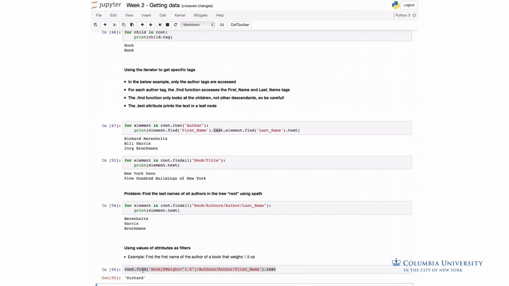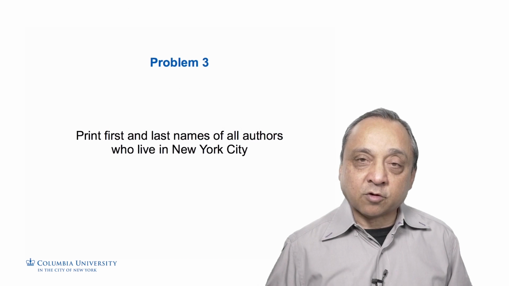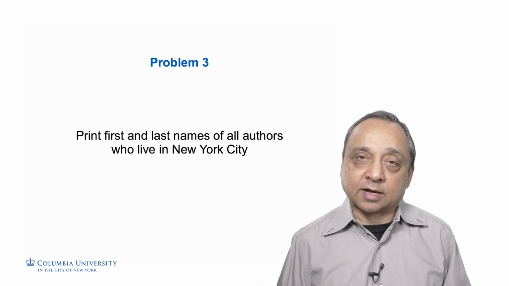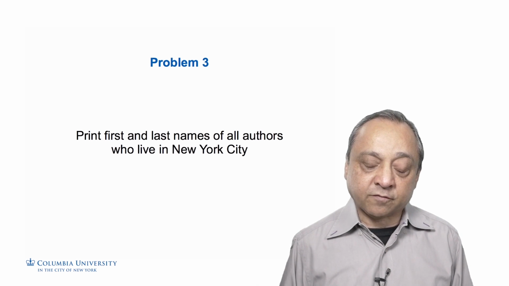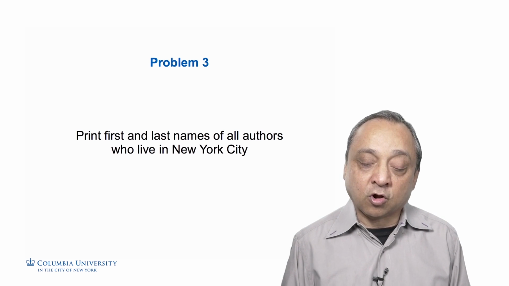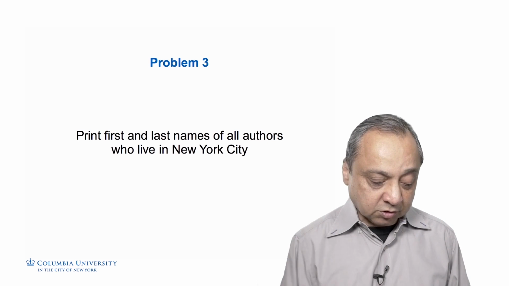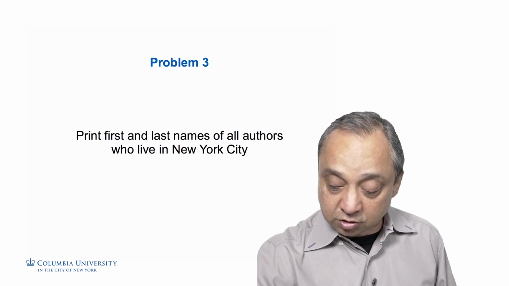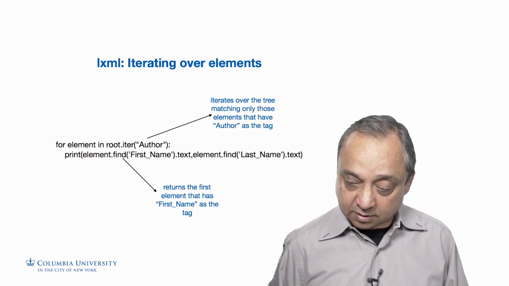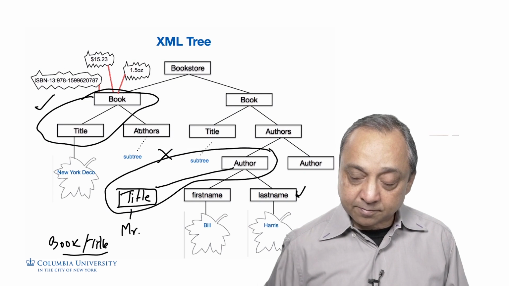Richard, okay? So we've done that. Now as a final exercise for this class, see if you can find the first and last name of all authors who live in New York City for the tree that we have over here. I'm not going to do this for you. You can try this. The answer will be posted online.